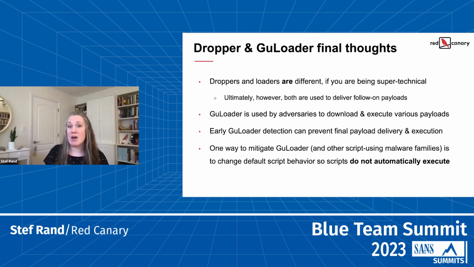Goo Loader is used by adversaries to download and execute various payloads. So like crypter, early Goo Loader detection can prevent those final payloads from being delivered and executed. And another option to supplement any early behavioral detection could be this script mitigation, changing default behavior so these malicious scripts don't execute.